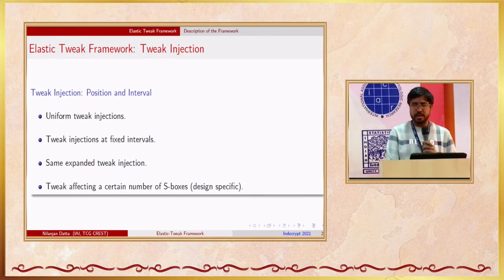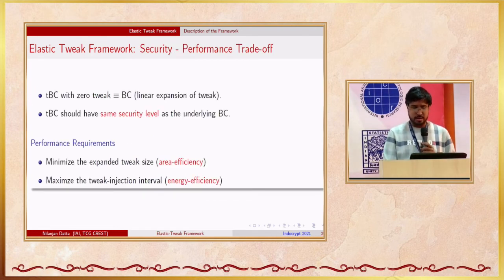The tweak is injected at a fixed interval, and the same expanded tweak is injected in all cases. Where exactly you inject the tweak is completely design specific. You have to affect a certain number of S-boxes depending on the design.